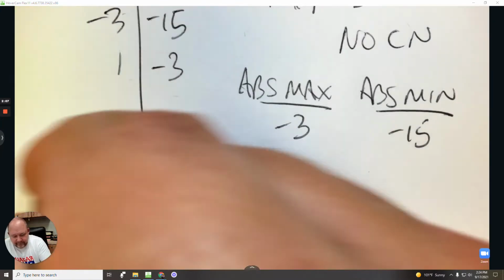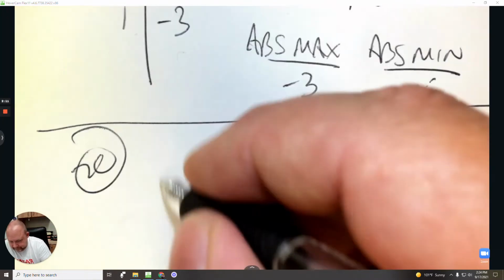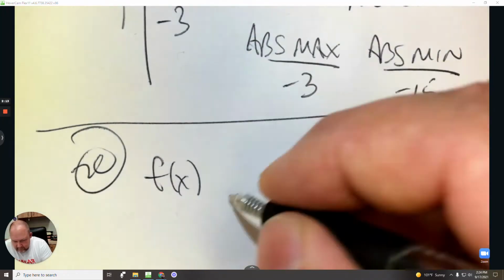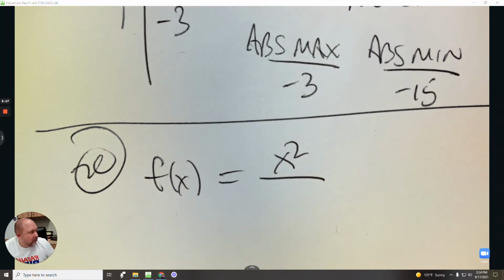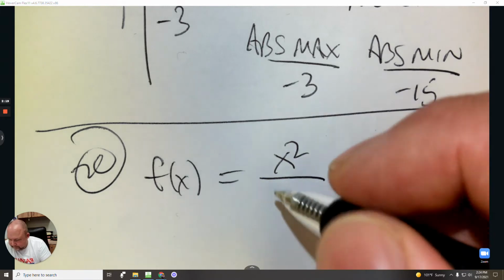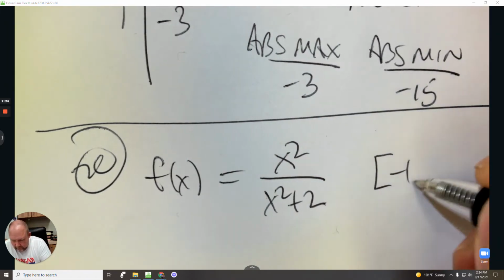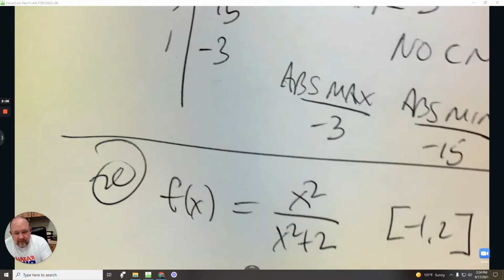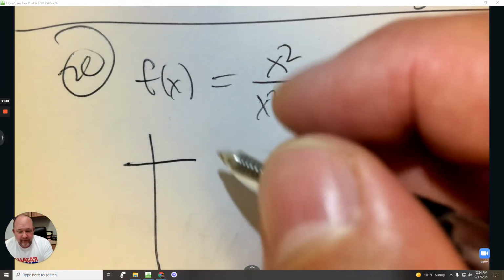Number 20. So x squared over x squared plus 2 from -1 to 2. Table of values.